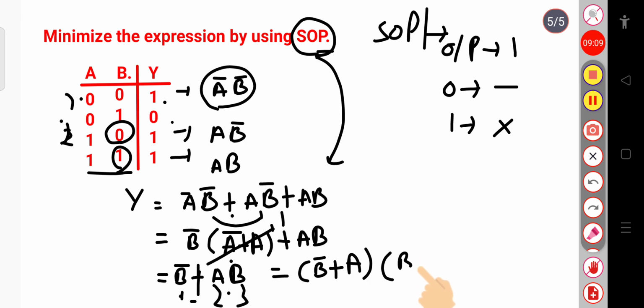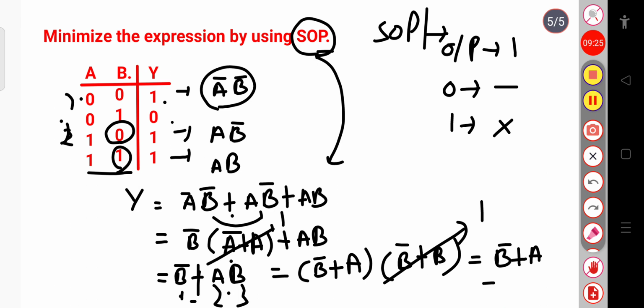So, this is B bar plus A, and this is B bar plus B. Here you can see that B bar plus B gives 1, and the total result will be B bar plus A, or we can write this as A plus B bar. So, our final expression after calculating is A plus B bar.